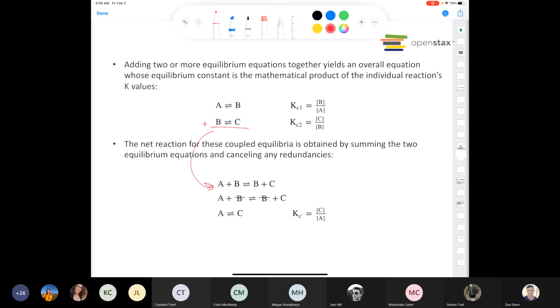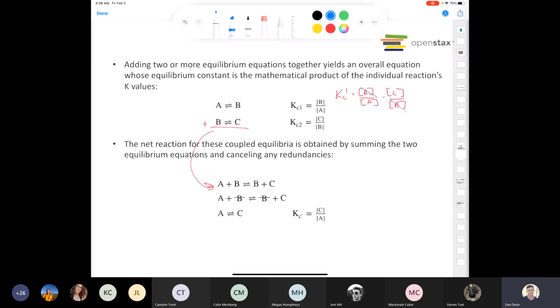So how would I come up with the Kc? Well, I just told you that you would multiply these. So let me show you. We'll call it Kc prime, and it's going to be equal to the concentration of B over the concentration of A multiplied by the concentration of C over the concentration of B. Well, what do you notice?